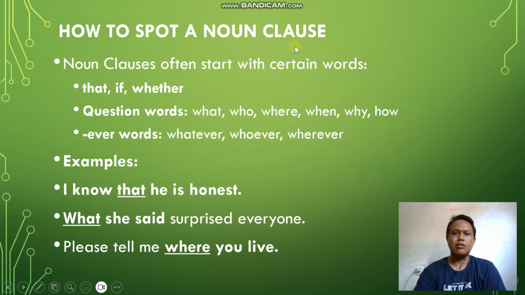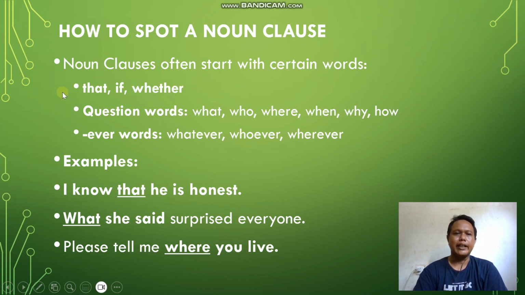How to spot a noun clause? In a sentence, sometimes we are confused in identifying a noun clause. So, in this part, I will explain the signal words to identify a noun clause. Noun clauses often start with certain words that signal a noun clause.